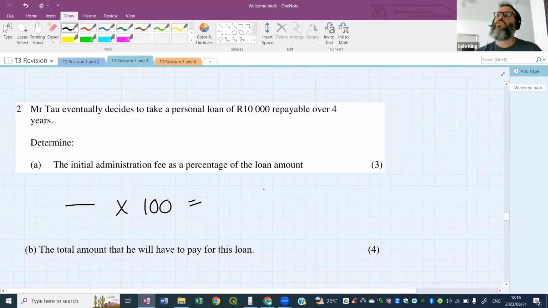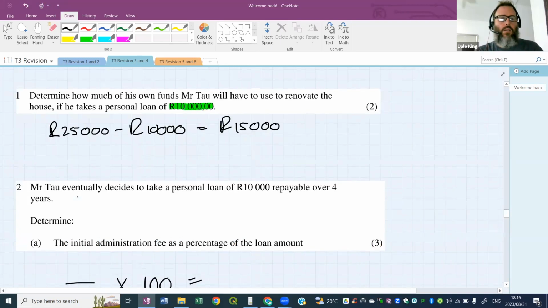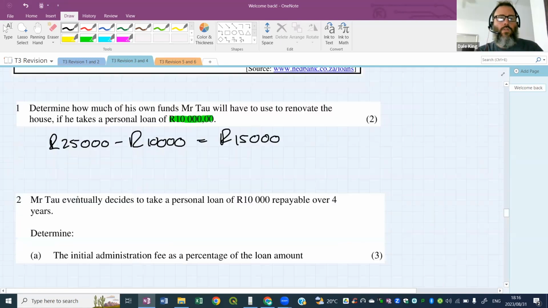So if I had to say to you, what is 5 as a percent of a value of 10? All right, that's what they're kind of saying. So the two values are 5 and 10, but the admin fee here is our first value, 1207.50.